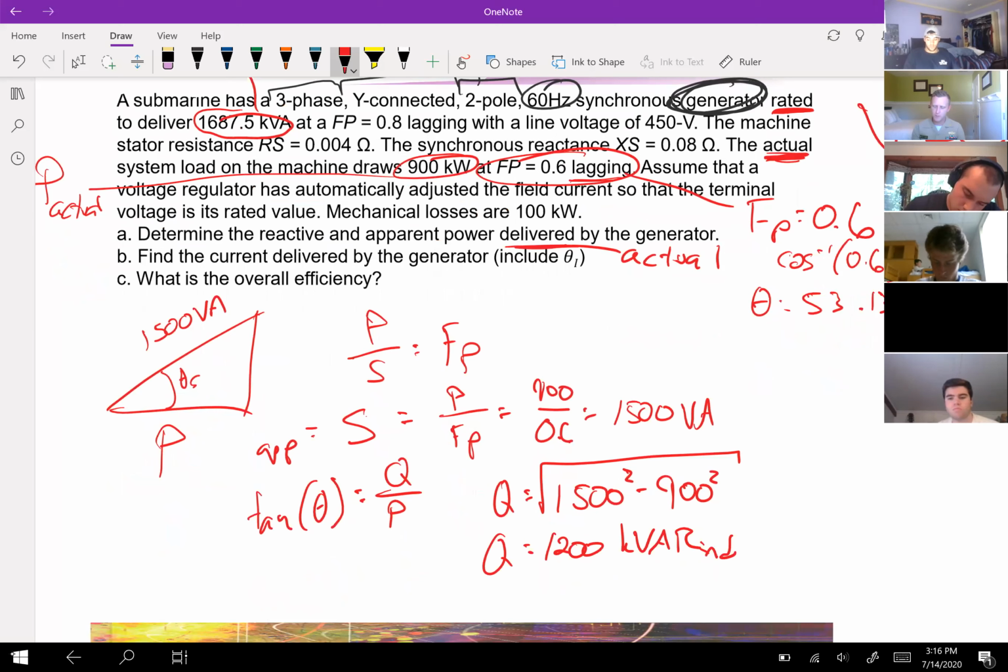The reason I knew that is because it was a lagging power factor. And in the real world, almost all loads are inductive, so that's most common. So there's 1200. Here are my two parts.